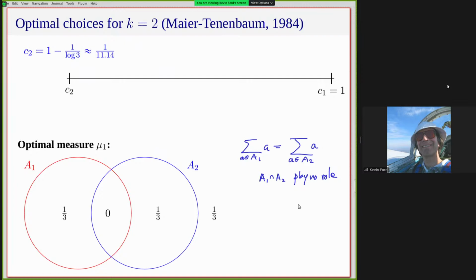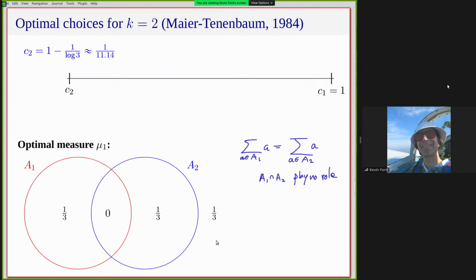We don't care about what's in here, but the optimal choices, which were discovered by Maier-Tenenbaum, are 1/3, 1/3, and 1/3. What does that correspond to? Well, you have an integer, and you take a random divisor of that integer. Let's say the integer has m prime factors.